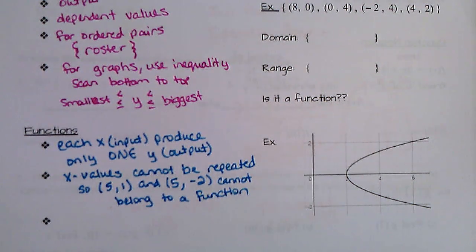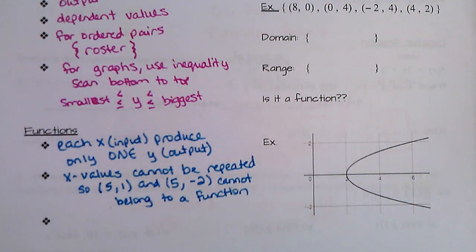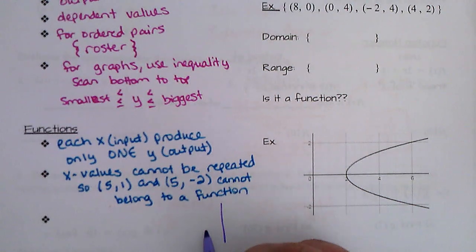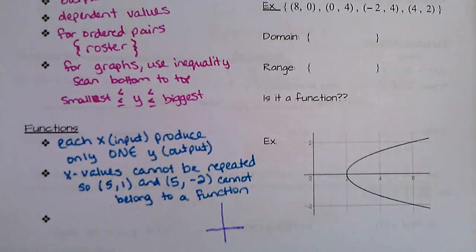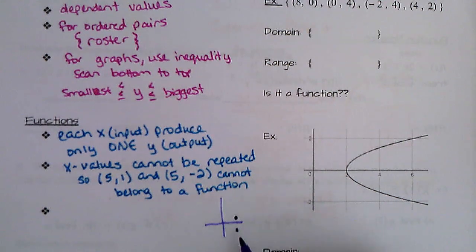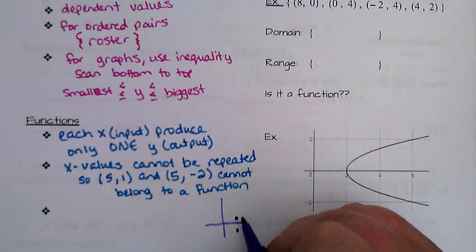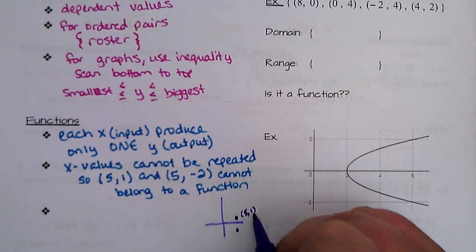Okay, so another way to tell, let's pretend real quick that I was going to graph that. So just pretending with me, we go over to 5 and up 1, and we go over to 5 and down negative 2. So looking where those ordered pairs end up, this is 5, 1, and this is 5, negative 2.